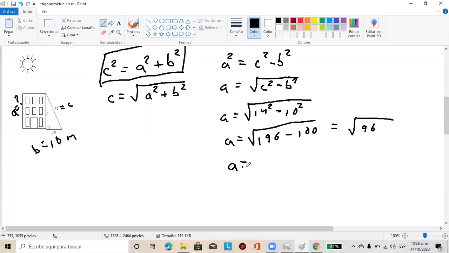So A is equal to 9.797. But it says that you must round your answer to the nearest tenth. So A is equal to 9.80. Okay, so this is the answer.